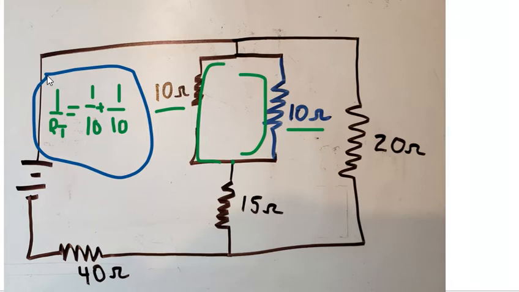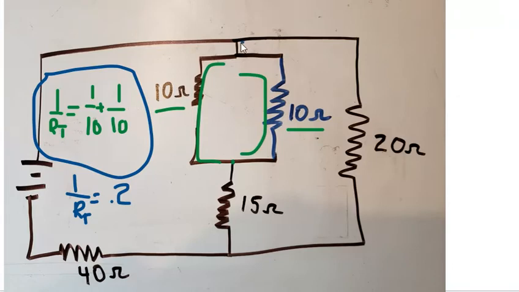But that's not the answer. That's what 1 over the total resistance is. So 1 over the total resistance is 0.2. Now I have to do the inverse of 0.2, which works out to be 5.